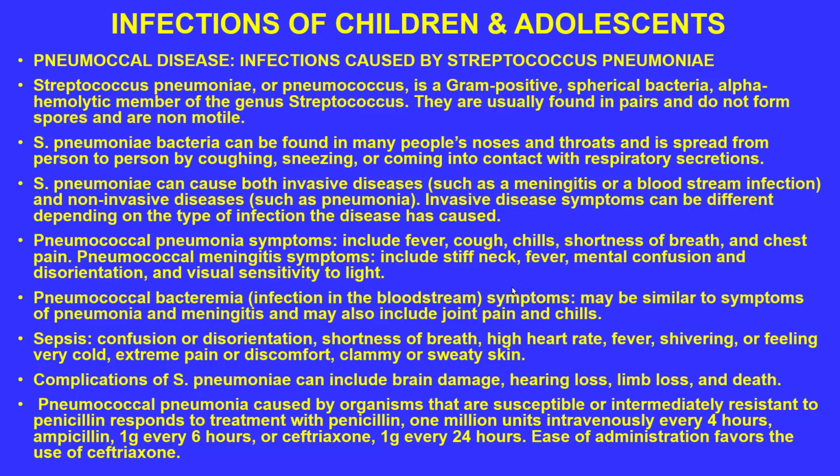Now, S. pneumoniae bacteria can be found in many people's noses and throats and is spread person to person by coughing, sneezing, or coming into contact with respiratory secretions. S. pneumoniae can cause both invasive disease, such as meningitis or a bloodstream infection, and non-invasive disease, such as just pneumonia.